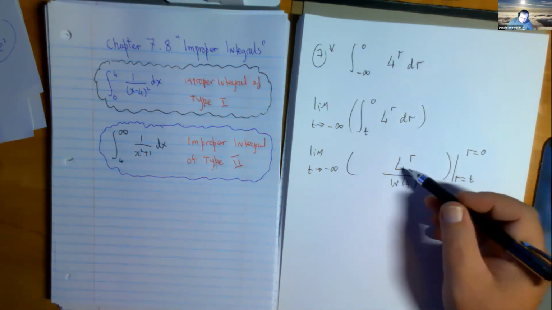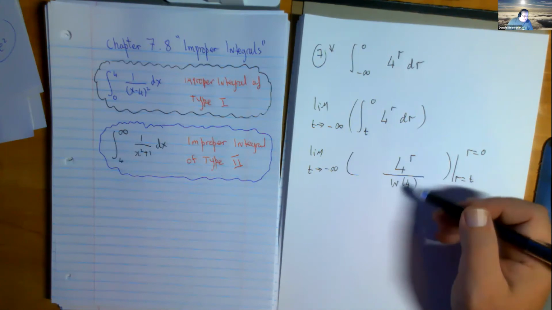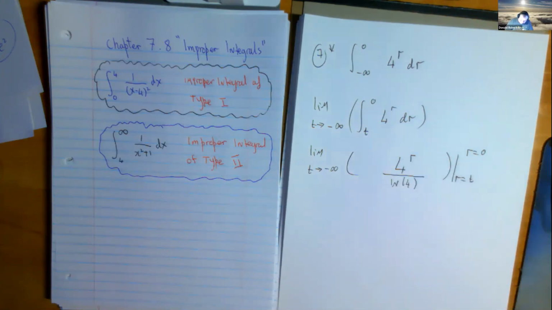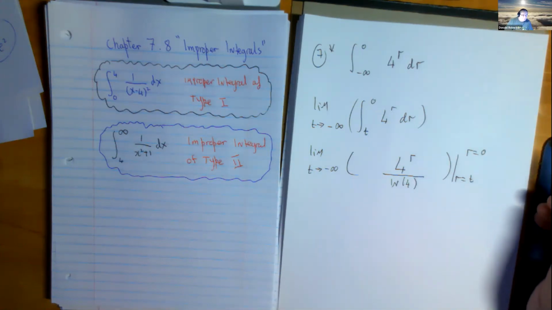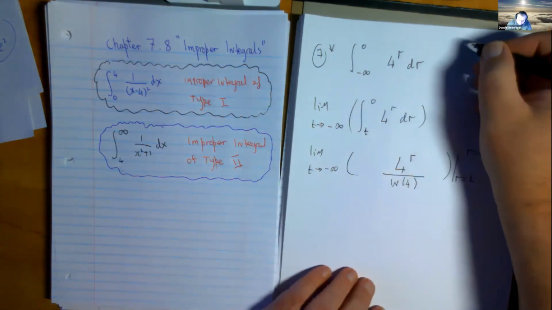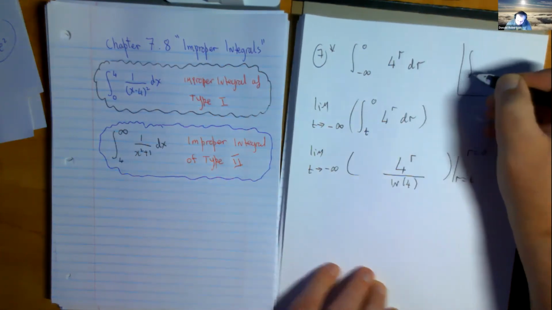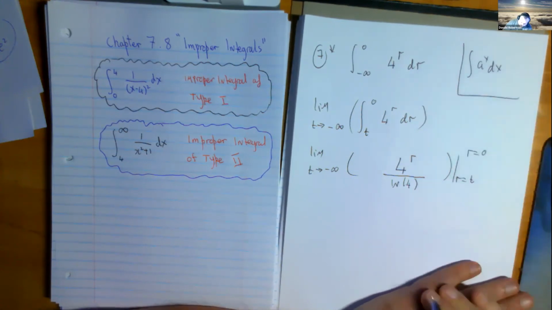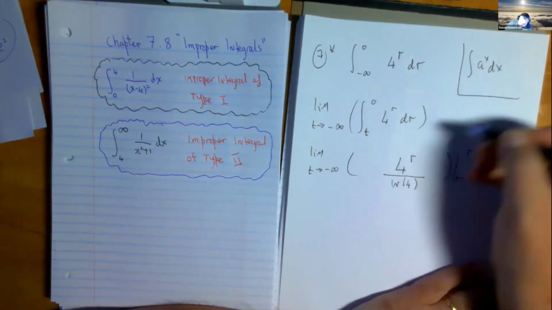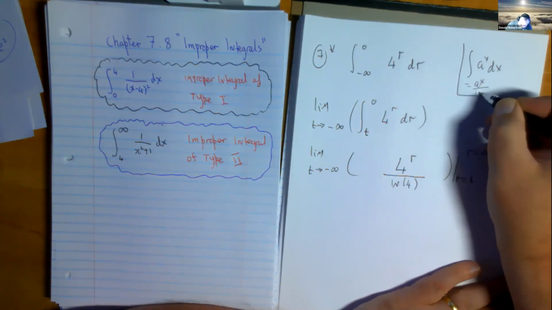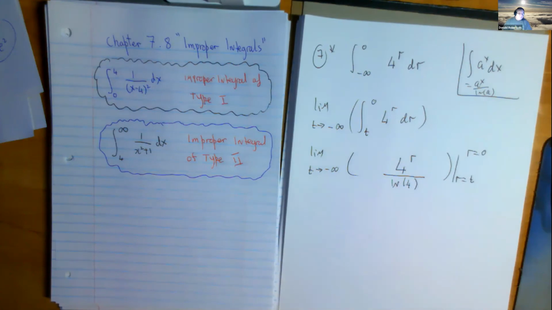The antiderivative of anything, e to the r, x to the r, whatever you want to call it, 4 to the r is 4 to the r divided by the natural log of 4. So you're going to have to just add that to your little list of things that you now know how to integrate. E to the x, that's like e is 4 here, is e to the x over the natural log of a.